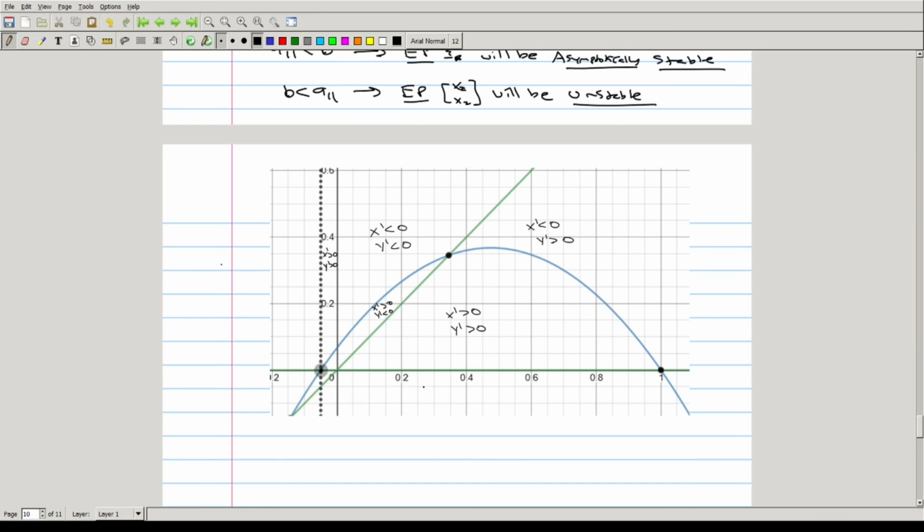In this region, y prime is less than 0, and x prime is greater than 0.